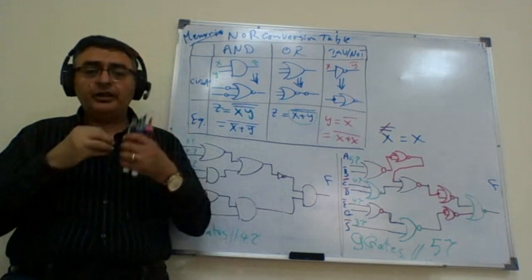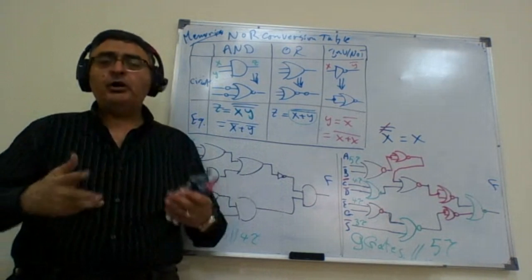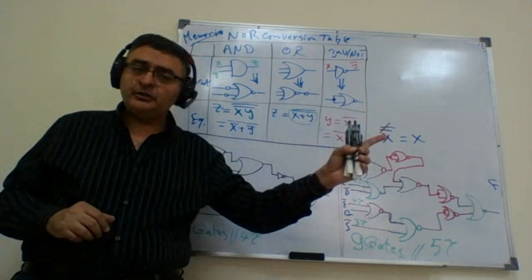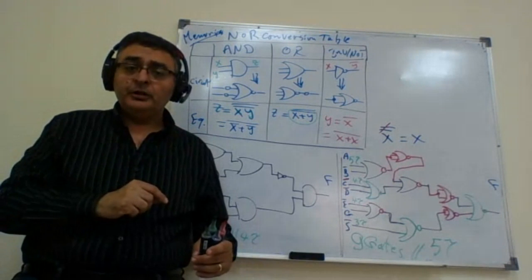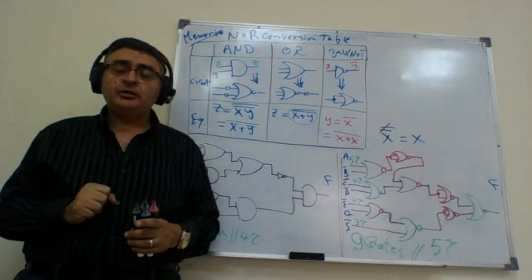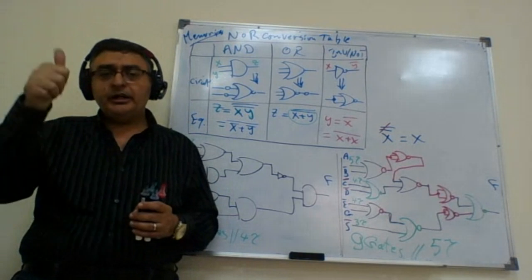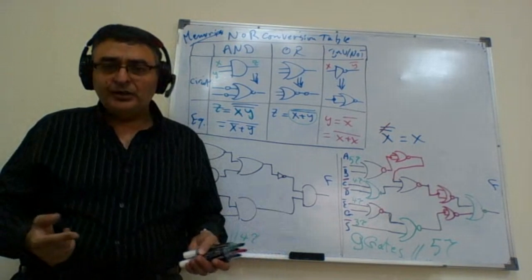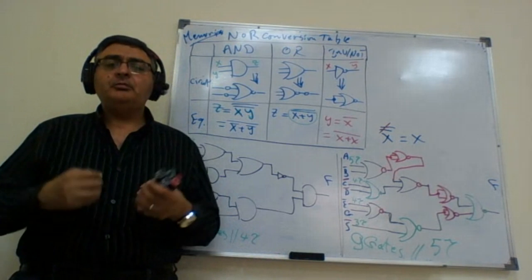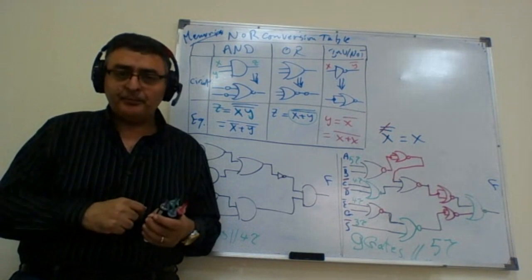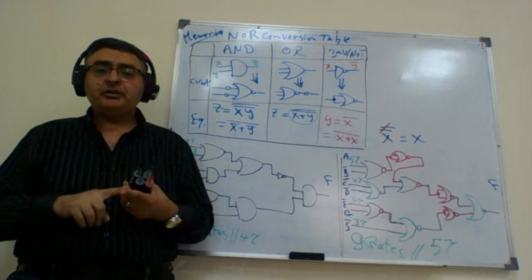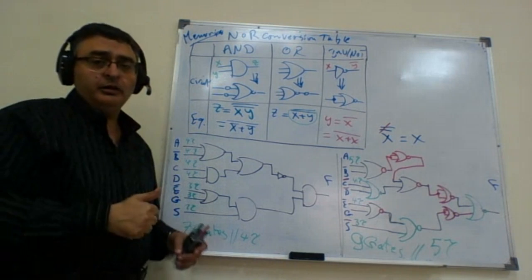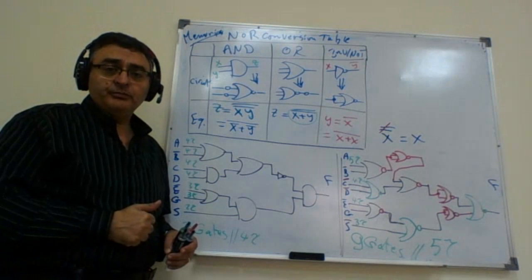How? By putting the equation or the circuit in one of the 2 standards, either SOP standard, sum of product, or POS standard, product of sum. So I achieved the first goal. In chapter 3, we learned also the simplification and the minimization using the K-map. This simplification actually hit 2 birds with one stone.